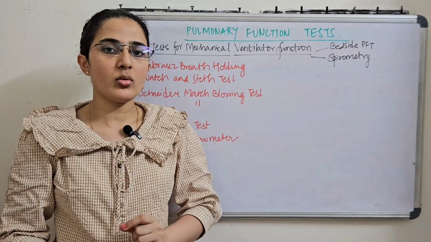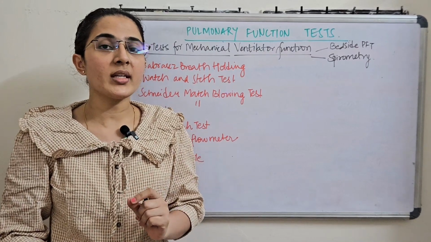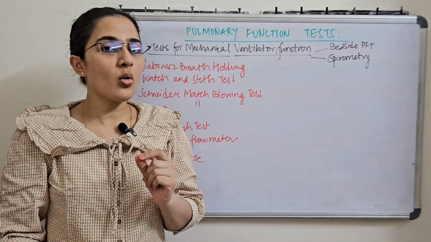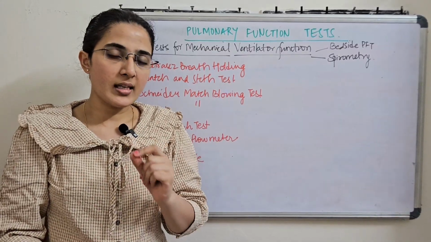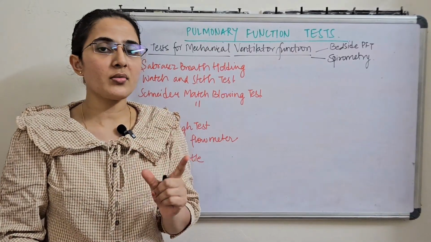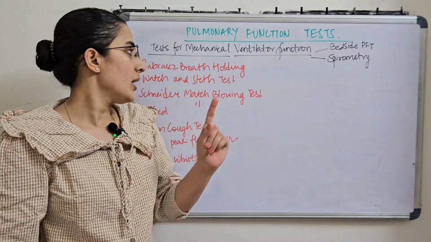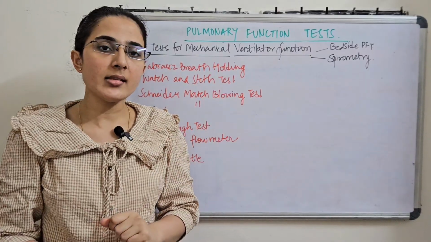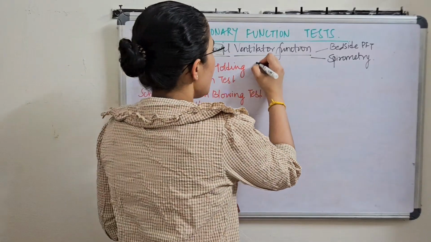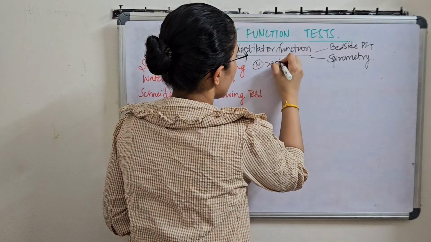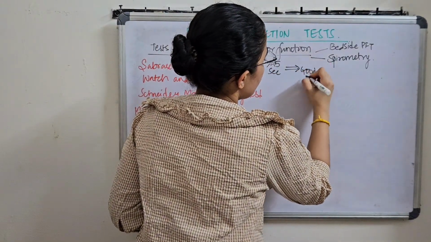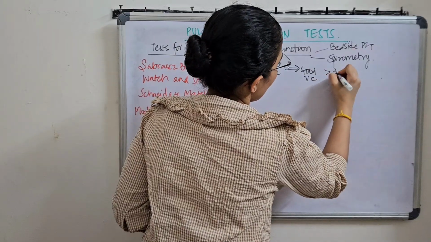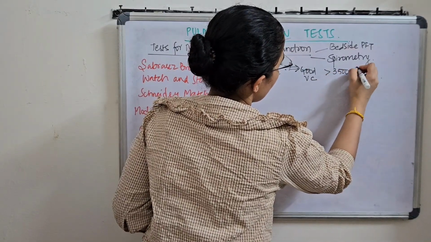In Sabre's breath holding test, we ask the patient to take a deep breath and hold it for as long as possible, right? And once they are leaving the breath, we count the number of seconds they have held the breath. Normal will be more than 25 seconds, which indicates that they have a good vital capacity of more than 3500 ml.